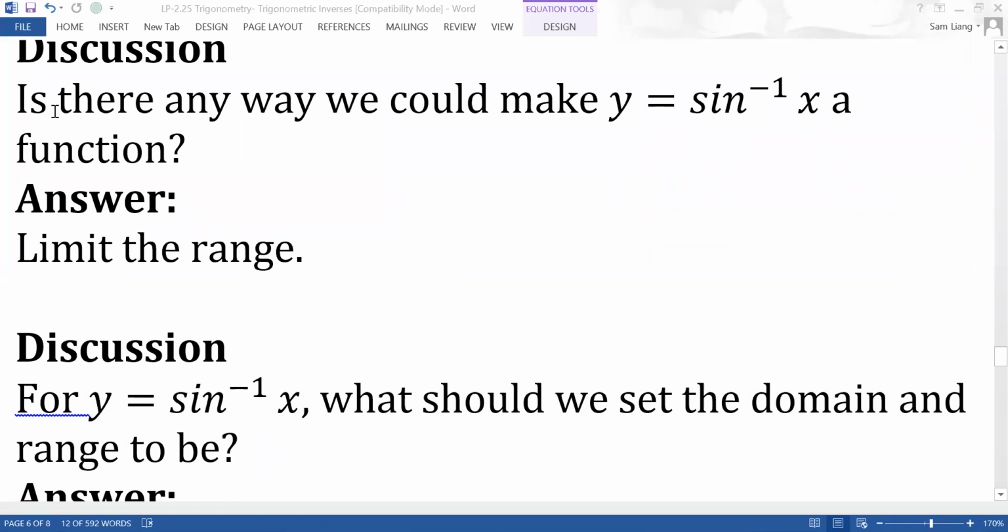And any value between those. Good. Yeah. Okay.